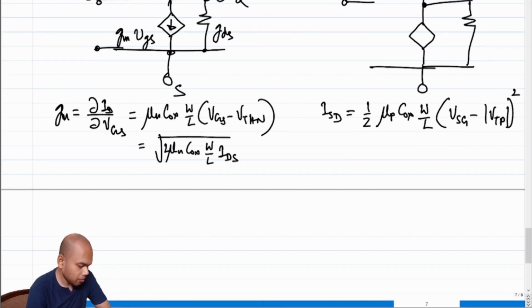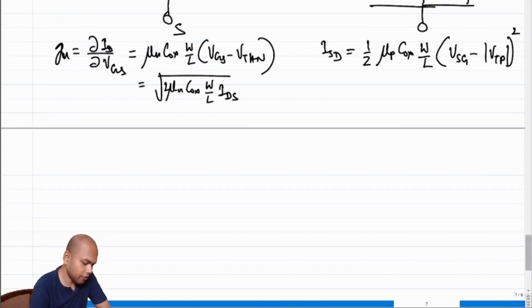So how should we define GM? If we want to define the GM the same way as the NMOS transistor, because we don't want to get confused too much into thinking what should be the definition of GM, right?